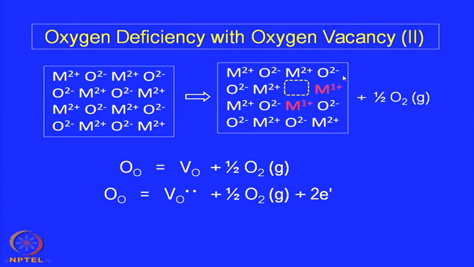Okay. We do not write that they have already been accepted by the metals. So metal is not coming here, only the electrons are, because these electrons may not be sticking to this particular site. We will see later, when we study conductivity, how these metals or non-stoichiometric oxides behave.